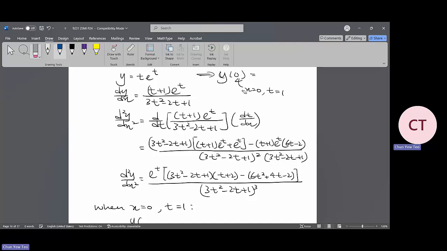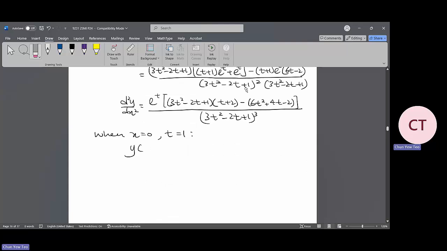So over here, this is a little bit different than usual. We need to replace t with 1. So y(0), it will be 1 times e to the power 1, which is e. And then y prime (0), this is x equal to 0. Then when you use t, the t has to be 1. So you're supposed to put 1 inside.